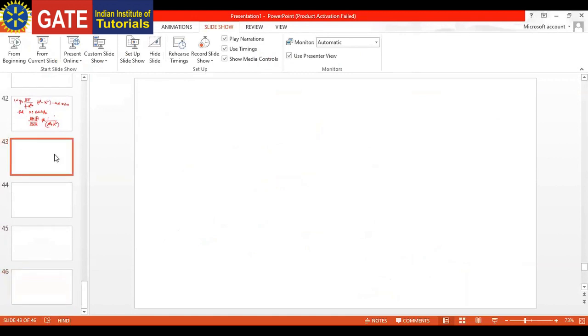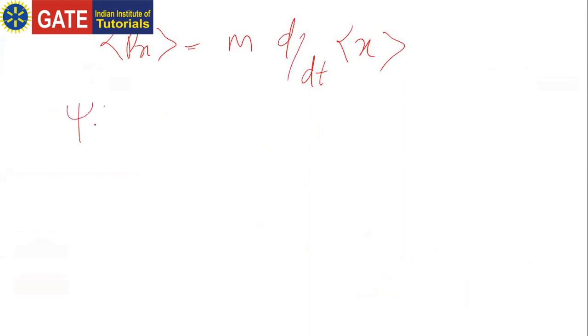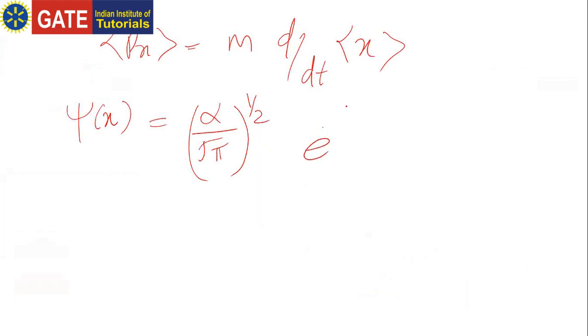For finding expectation px, you can use this formula: m d by dt of expectation x. Suppose you are considering the harmonic oscillator problem, psi of x equal to (alpha by root pi) all power 1 by 2 e power minus half alpha square x square.